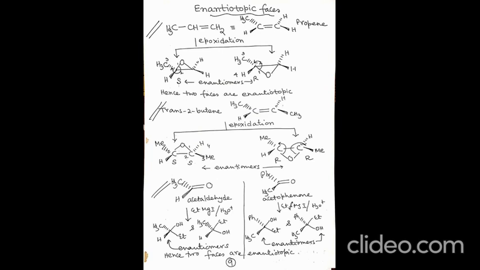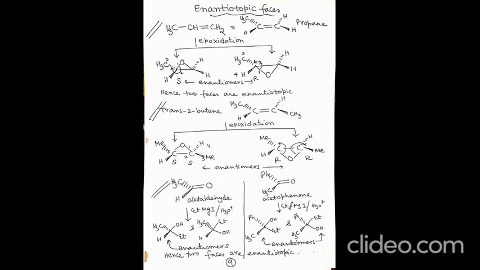Now coming to the second molecule, identify the topic relationship between the two faces of trans-2-butene in exactly similar way. This is C double bond C, so we have to do the epoxidation. After doing the epoxidation, if we investigate the epoxides, we are getting two chiral centers, and if we do RS of these two chiral centers, one epoxide is coming SS and the other epoxide is coming RR.